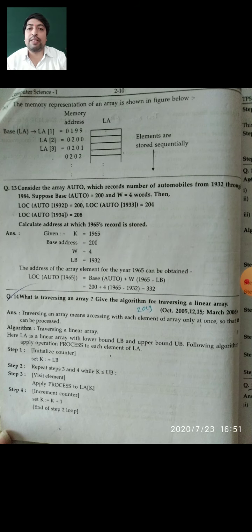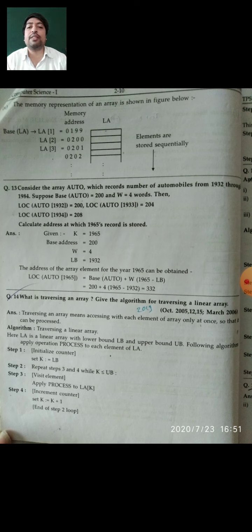Open the next page. The memory representation of an array is shown in the figure below. You can see the image. You just try to write any address, but starting should be from lower to higher. So the first index represents the address. You can take any address as per your knowledge.